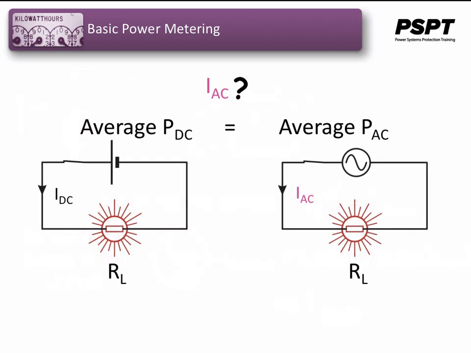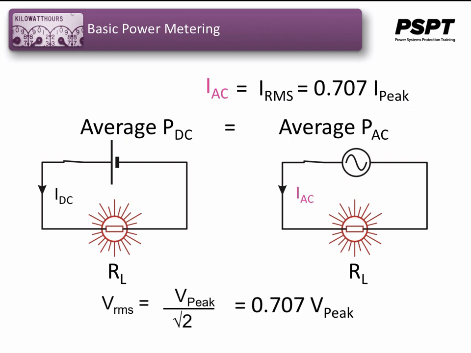Looking back at the question we ask ourselves, what is the value of IAC? Well, IAC is now, we can say, equal to IRMS, which is equal to 0.707 times the peak value of our AC current, which is equivalent to the IDC dissipating the same amount of average power.